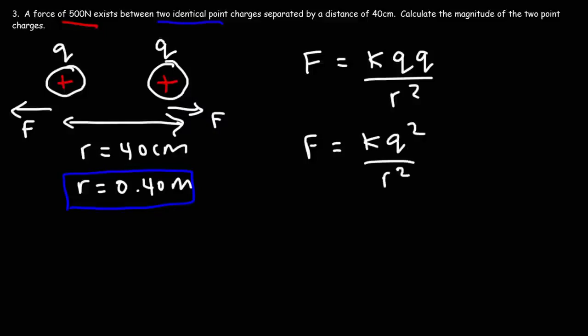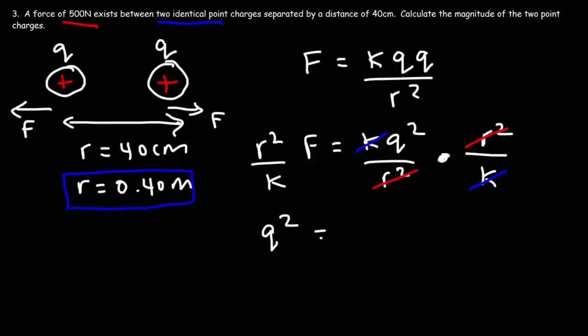Now what we need to do is isolate Q squared. So I'm going to multiply both sides by R squared over K. The reason why I want to multiply both sides of the equation by R squared over K is so that on the right we could cancel R squared and we can also cancel K. So what we have left over on the right side, which is now on the left side because I reversed it, is Q squared.